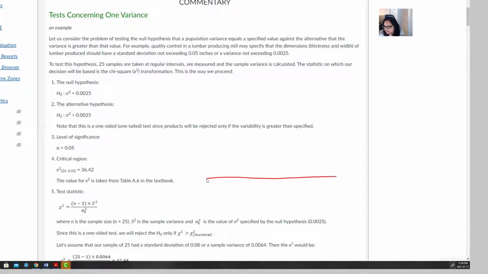So in the chi-square distribution, you will see that it's right-sided, and somewhere here we would have the population variance. So that's the distribution of chi-square. It should be like that.